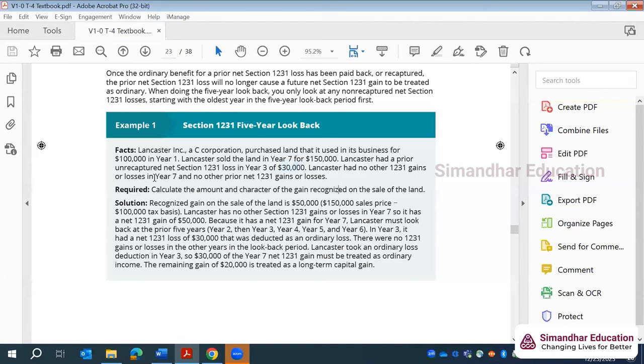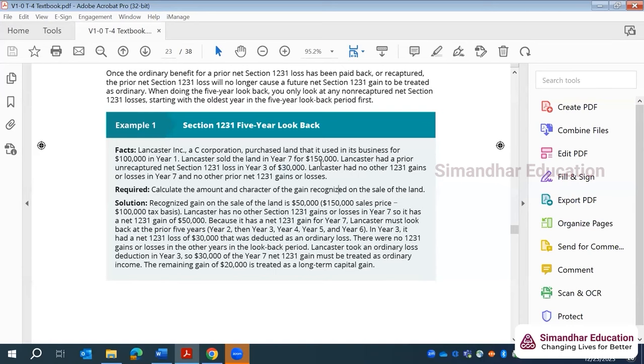Now they are selling a section 1231 property where they are reaping a gain of $50,000. So what does the IRS say? Go back and see in the past 5 years if you have taken any section 1231 loss. If you have, then to that extent you need to recharacterize your gain as ordinary, and the remaining will be treated as capital.